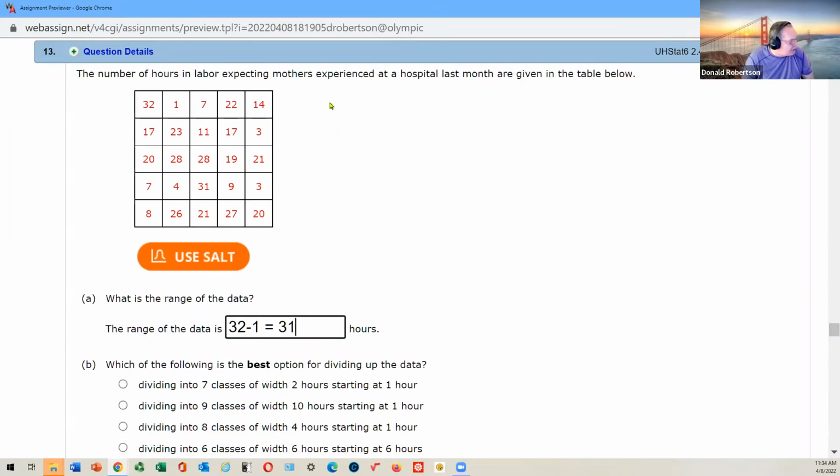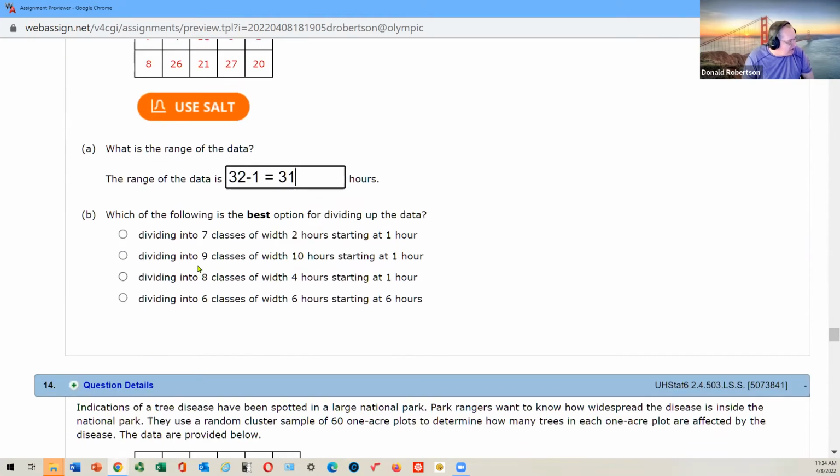So here is my set of data, and it says here, which of the following is the best option for dividing up the data? So if you divide it into 7 classes, that basically means you divide it into 7 rectangles. Well, let's see if that works.